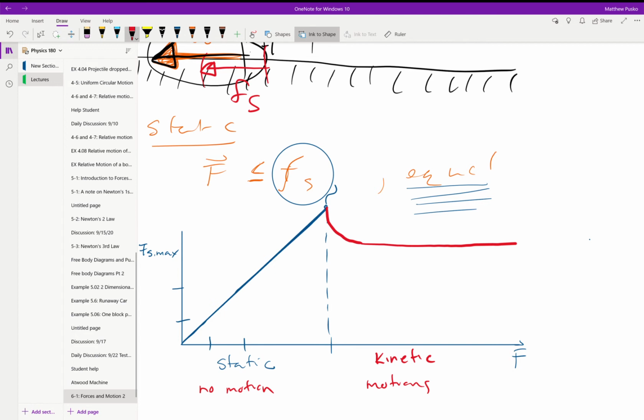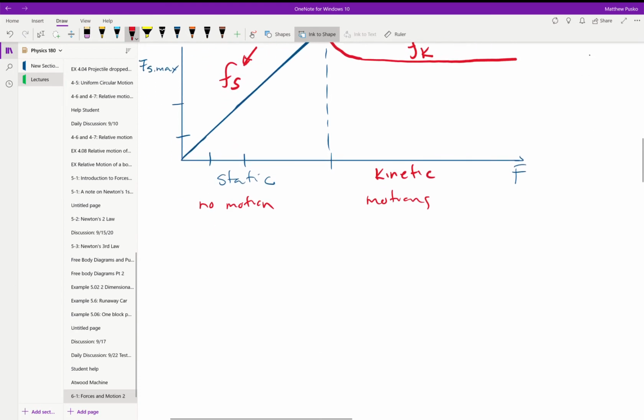We see that as soon as we break this maximum up here, the kinetic friction, which we'll call F sub k, if this is F sub s, is always a little bit less. And so when we see values given to us in a problem, the static friction will be a larger value and cause a greater force of friction than the kinetic value.